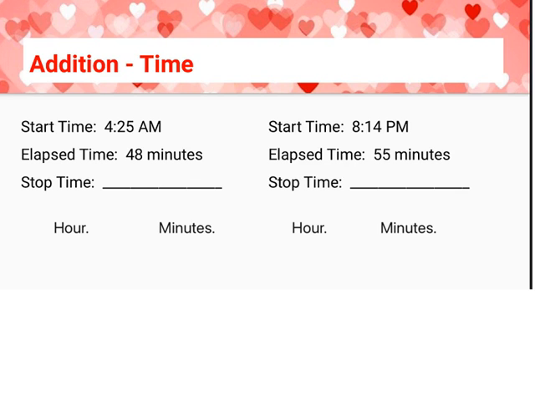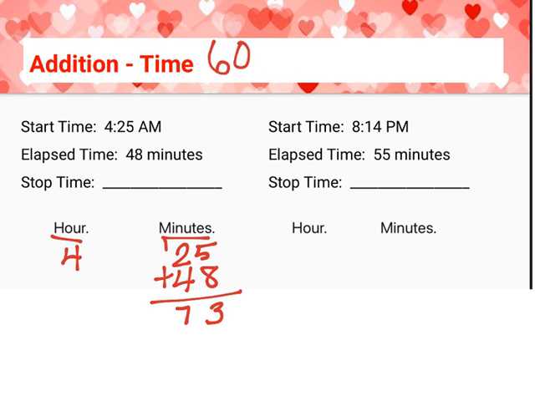Alrighty, so remember we have our start time at 4:25, and 48 minutes has elapsed. We want to make two columns and divide up by hours and minutes. And then I'm going to add on the elapsed time. 8 plus 5 is 13, carry the 1, 4 plus 2 plus 1 is 7. Now remember, 60 minutes equals 1 hour.